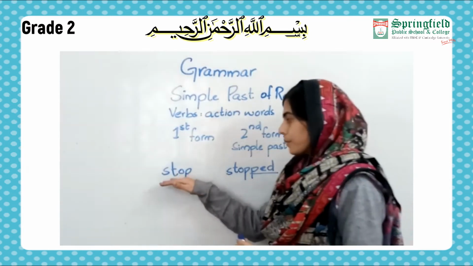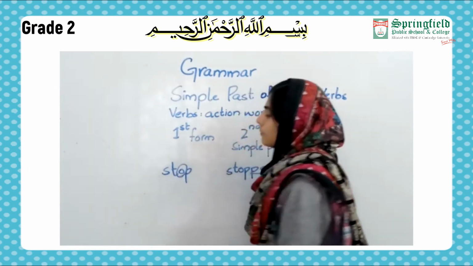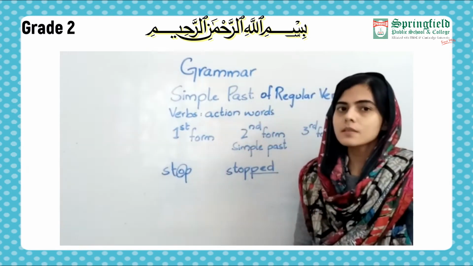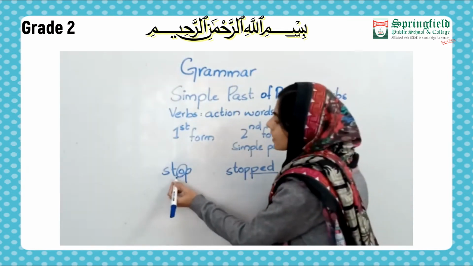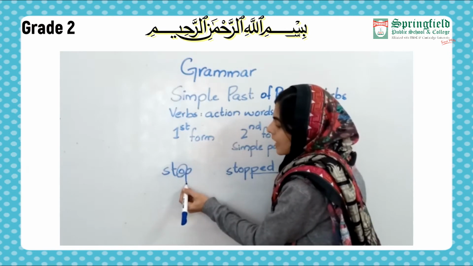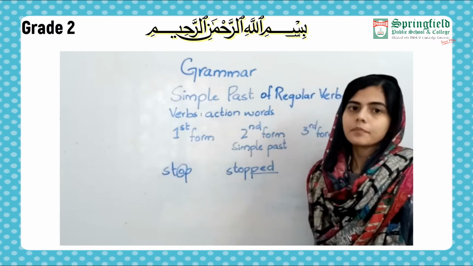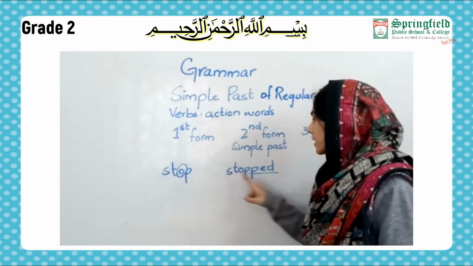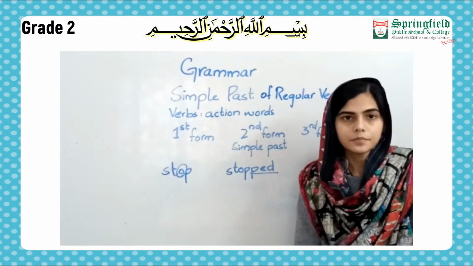If we have a verb that has got the second last letter as a vowel. Do you remember vowels? A, E, I, O, U. The second last letter is a vowel and the verb is ending on a consonant. What is the rule? We will double the consonant and then add ed at the end.